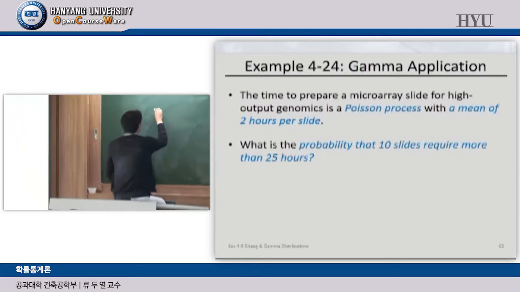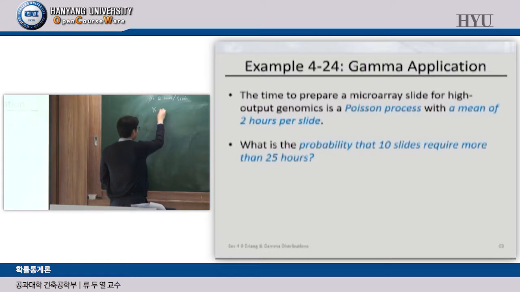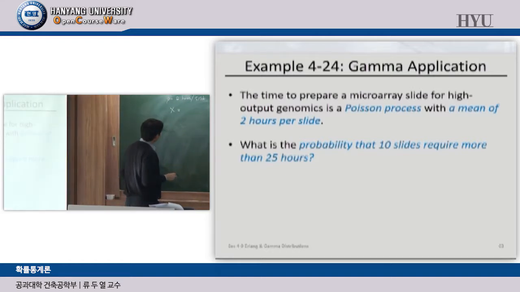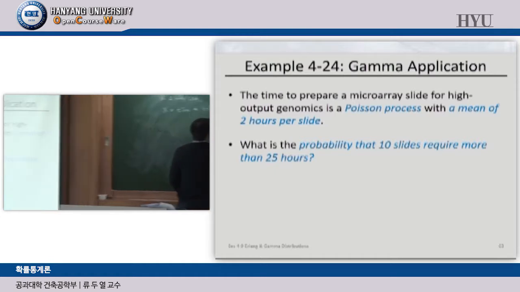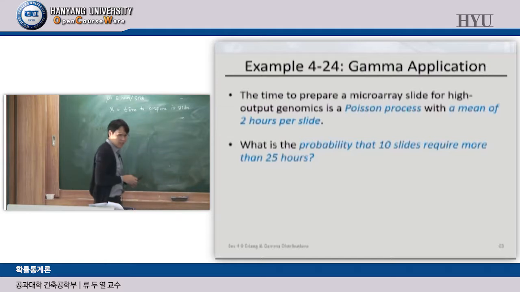So in that case, we're going to have x, and x can denote the time to prepare 10 slides. Okay? We can have this random variable here.